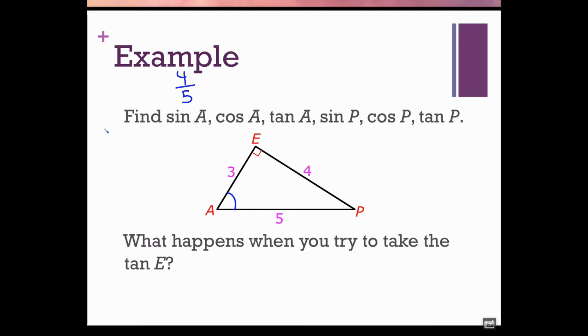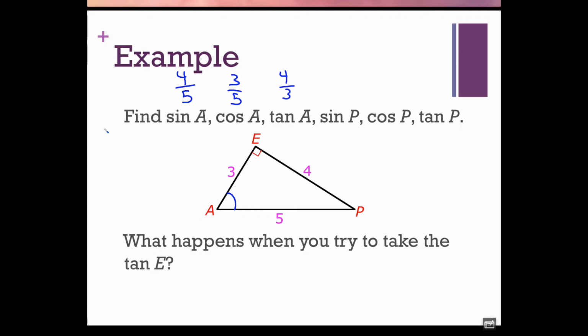So therefore, the cosine of angle A is what? 3/5. Beautiful. Again, it's just a ratio. What's the tangent of angle A? 4 over 3. Good. Opposite over adjacent. Any problems there?